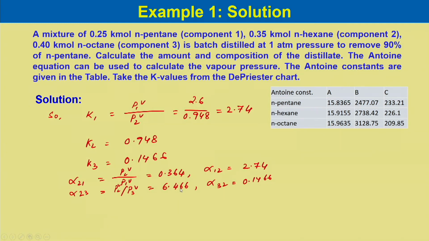Now, we can check the values of summation Ki xi, i equal to 1 to 3.